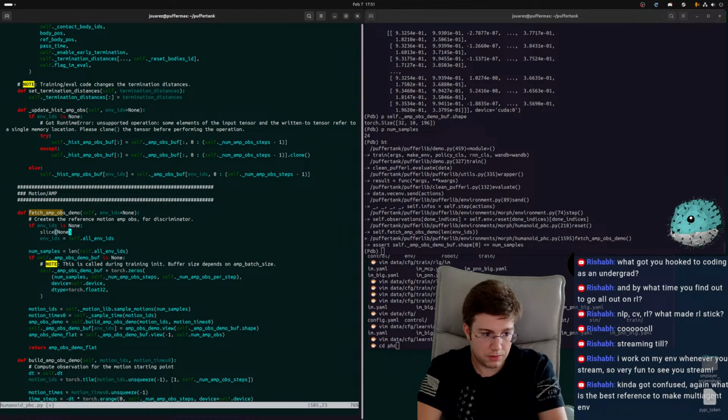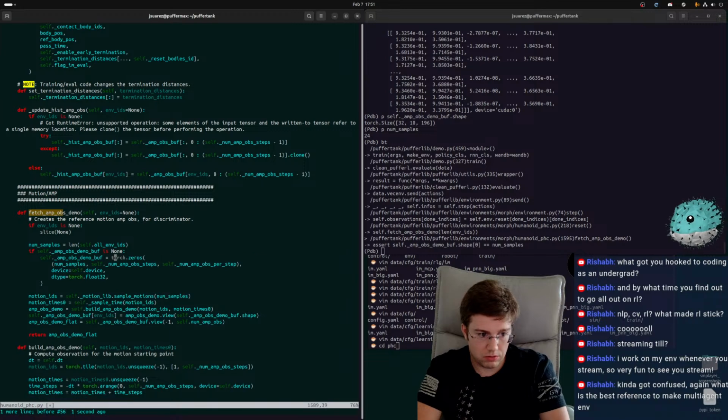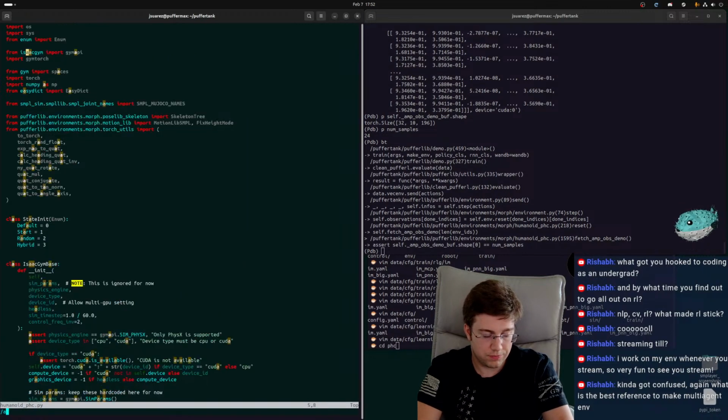Slice none. That should be a little faster. And not called on training init anymore. And this really doesn't need to be allocated here either.